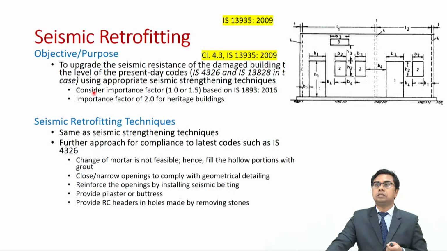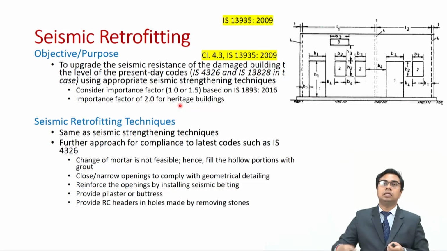And in this case, we shall consider the importance factor 1 or 1.5 based on IS 1893 2016. But if you have any heritage building, most of the heritage buildings are masonry buildings, and therefore, if you are going for conservation or retrofitting of a heritage building, then in that case the importance factor shall be equal to 2.